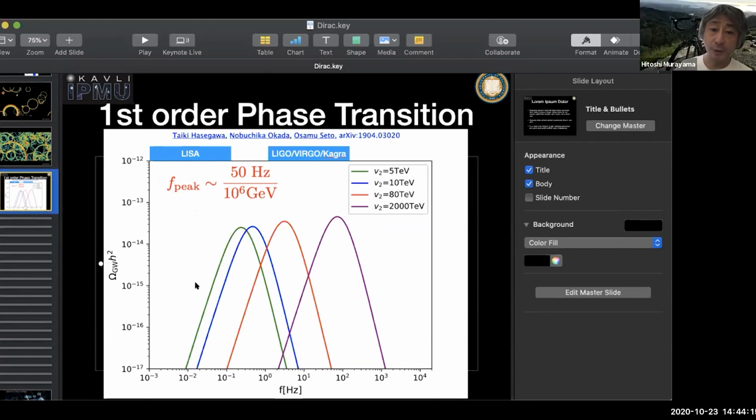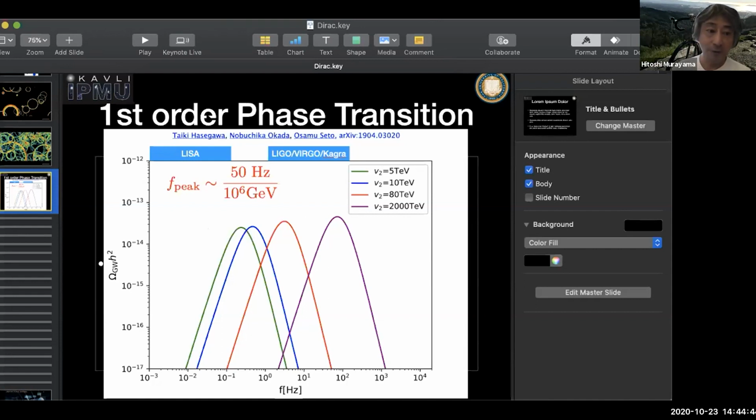Oh, well, yes, certainly. So I actually did not talk about electroweak phase transition. This is a sort of garden variety generic phase transition. But if you specifically look at the electroweak scale, which is like 250 GeV, then this green peak would move over here so that it really does fall into the coverage of the LISA range. Right. So it is possible that the LISA would see stochastic gravitational waves coming from these bubble collisions at the electroweak scale.